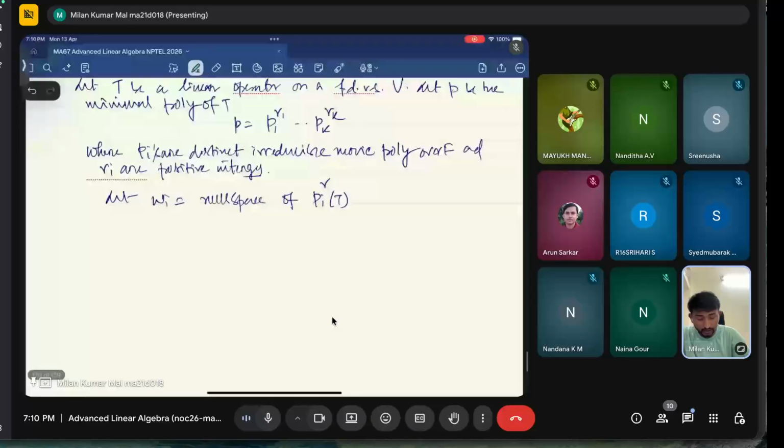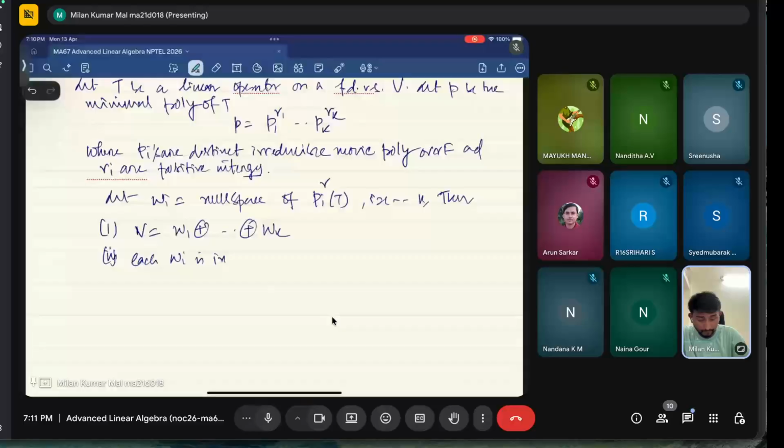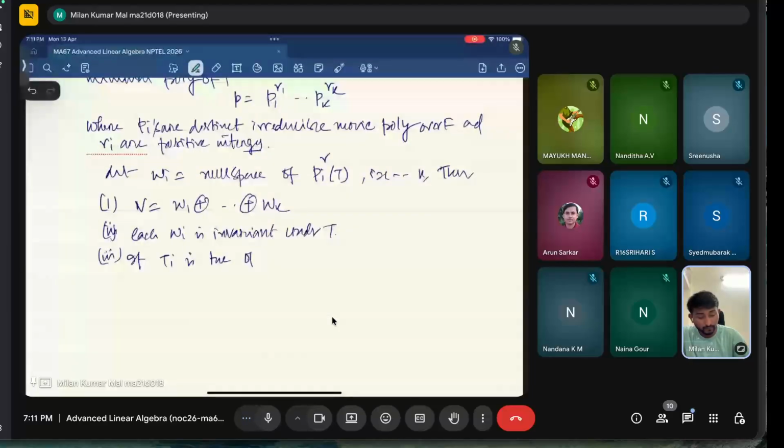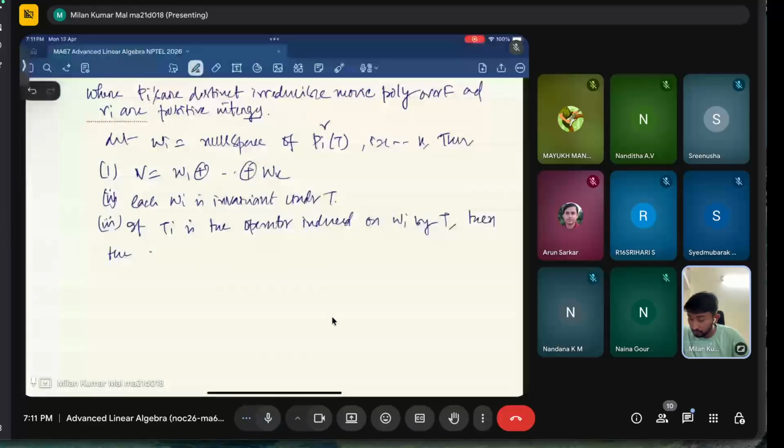And the second thing is that each Wi is invariant under T, and the third consequence is that if Ti is the operator induced on Wi by T, then the minimal polynomial of Ti is Pi to the power Ri.